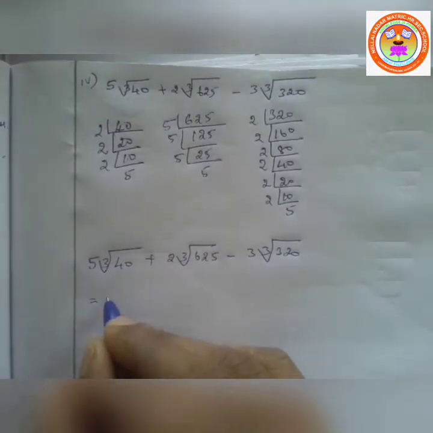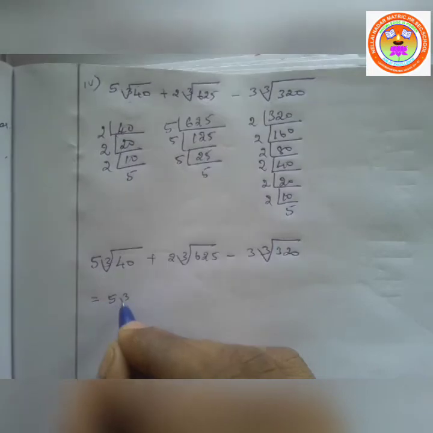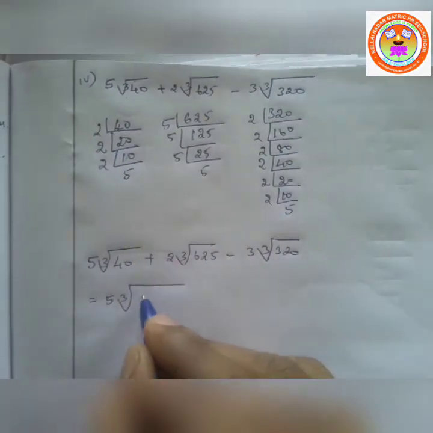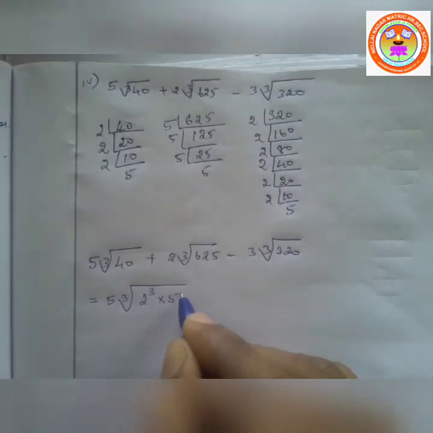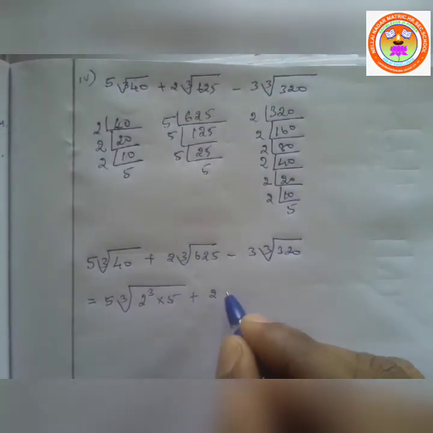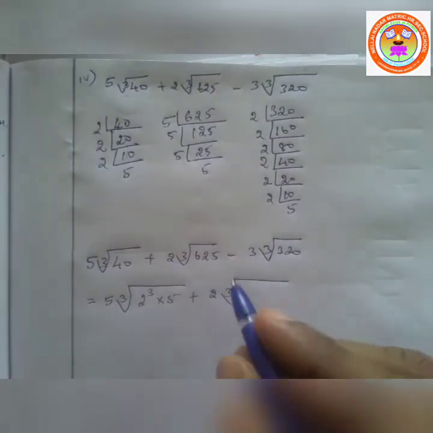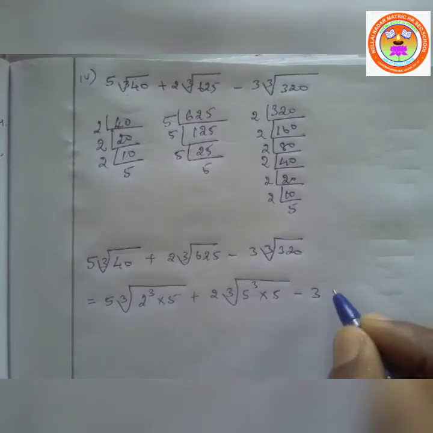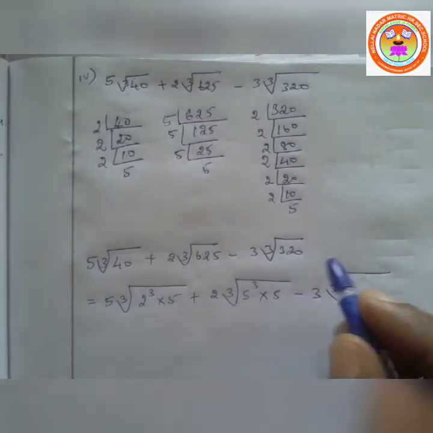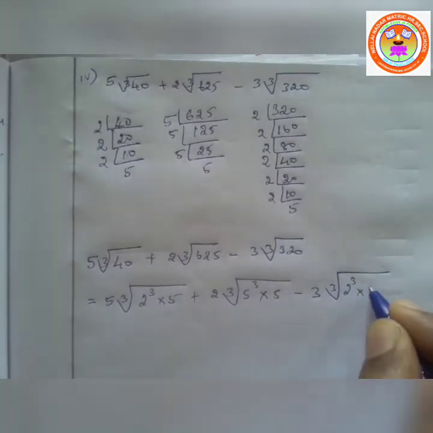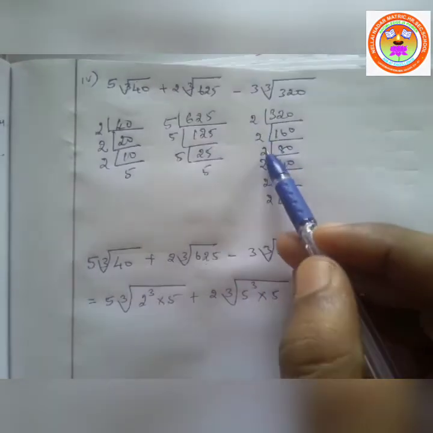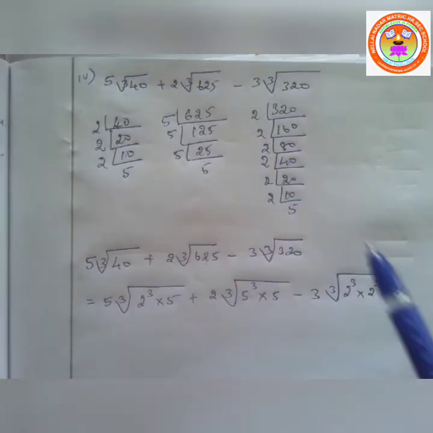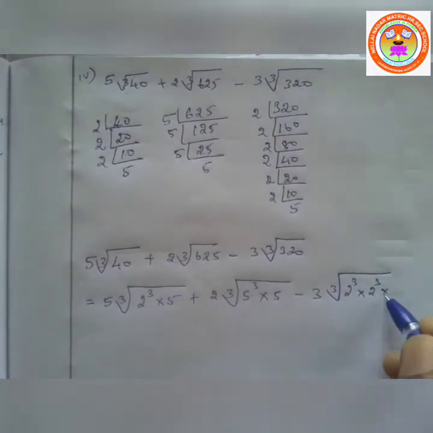We can write 5 cube root of 40 as 2 into 2 into 2, it is nothing but 2 power 3 into 5, plus 2 cube root of 625, we will write it as 5 power 3 into 5, minus 3 cube root of 320, we can write it as 2 power 3 into 2 power 3, because 1 2 3 another 1 2 3, 6 2's are there, so 2 power 3 into 2 power 3 into 5.